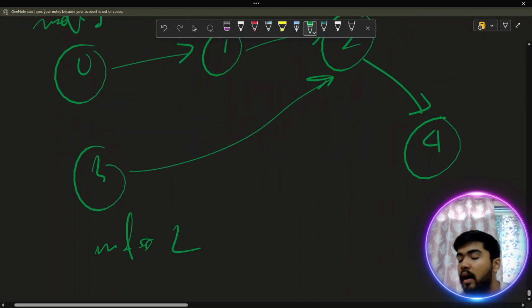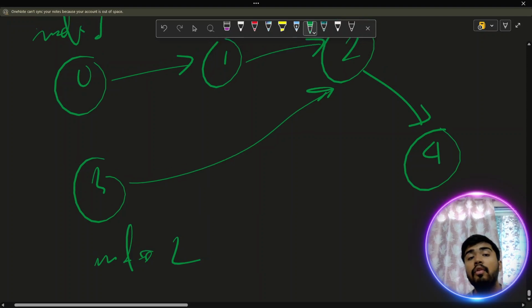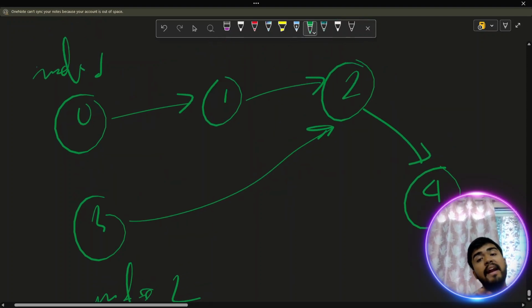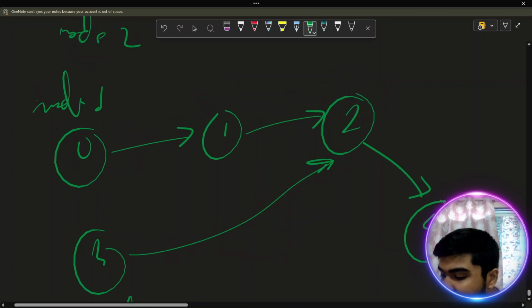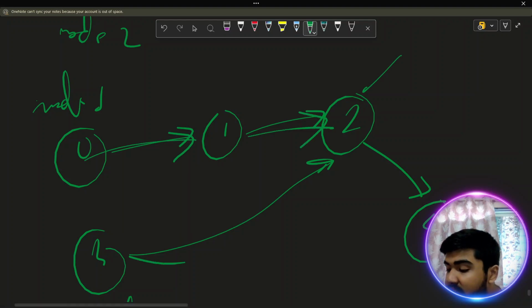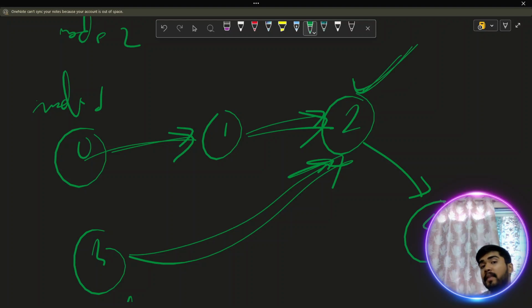And this is my node 1, and this is my node 2. Now tell me guys, which are the set of nodes that are reachable from both the nodes? This one, because the path reaches it, so this is the first node which is reachable from both the nodes.